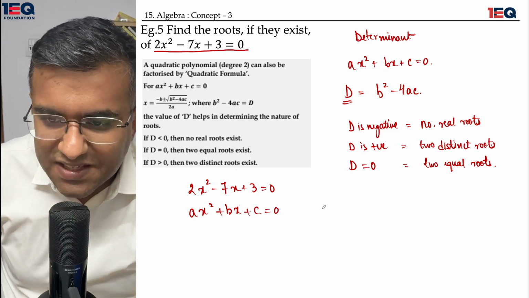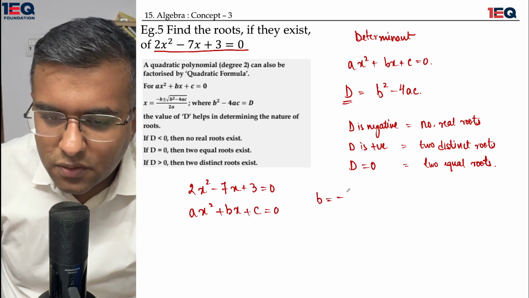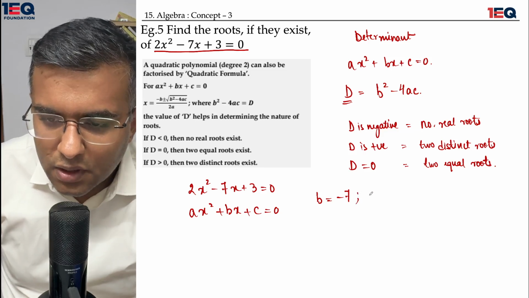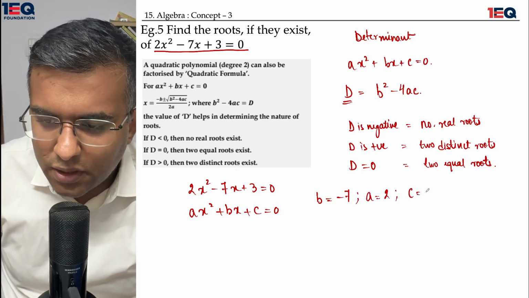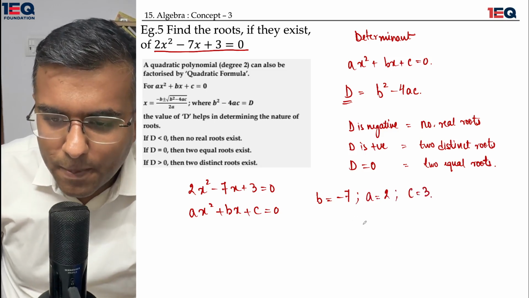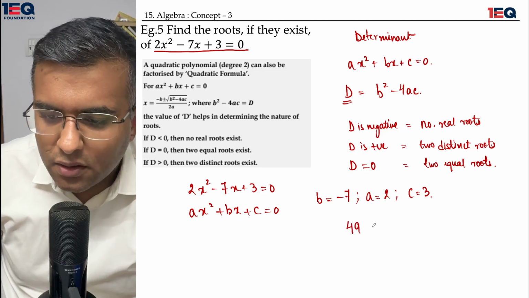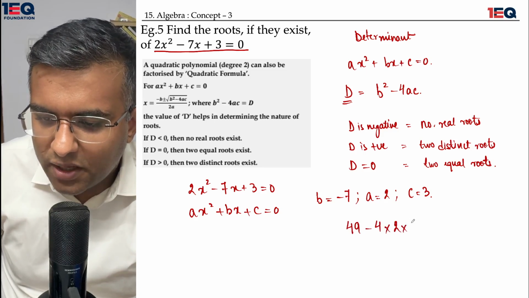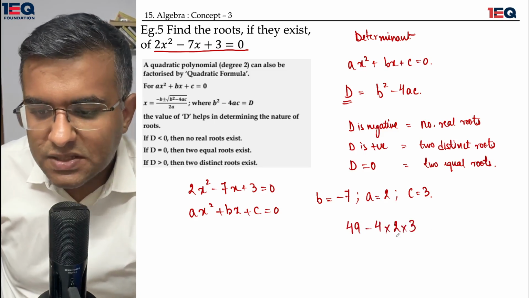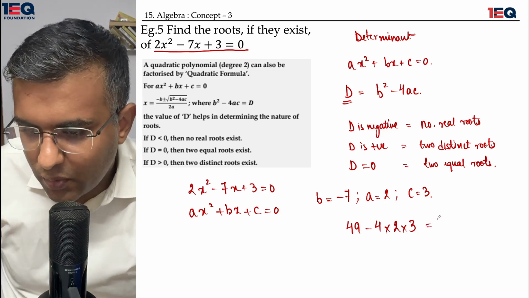So for b square, what do I have as b? b is equal to minus 7, a being equal to 2, and c being equal to 3. b square is 49 minus 4 multiplied by 2 multiplied by 3. This means 49 minus 24.